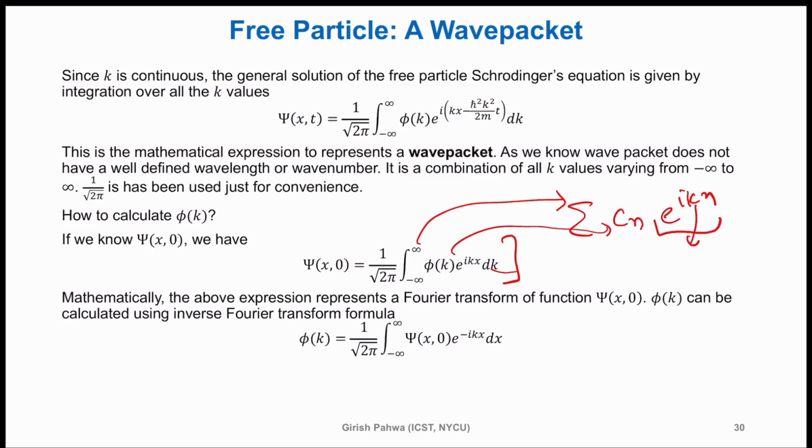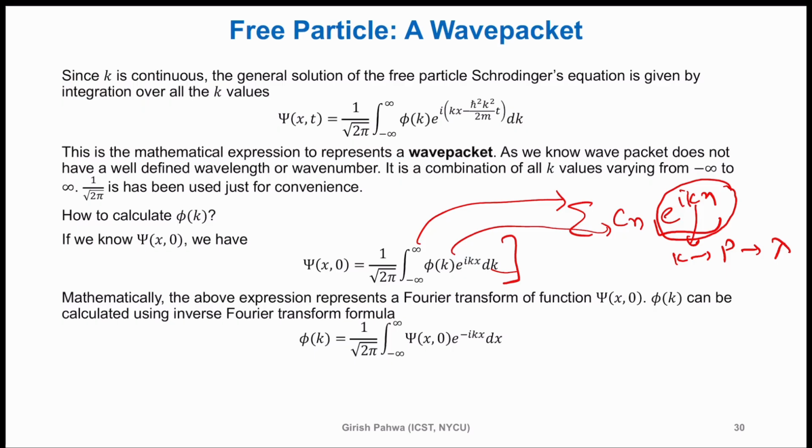Every k will have a p associated with it, and every p will have a lambda associated with it. You know that p is equal to h by lambda using the de Broglie relationship. So I have several plane waves here of different wavelengths or different k values, and I'm simply taking the algebraic sum of that. What does that make? That is basically the wave packet.